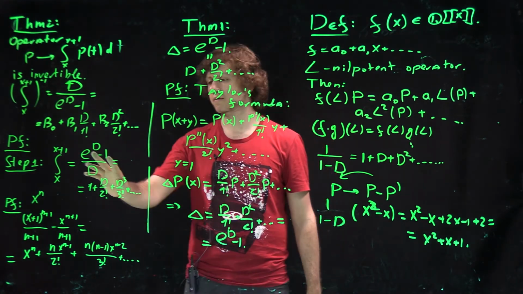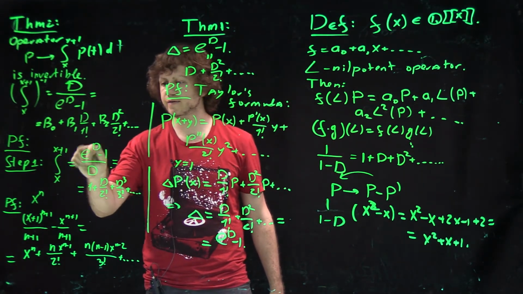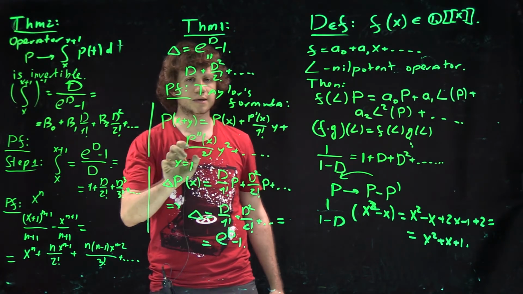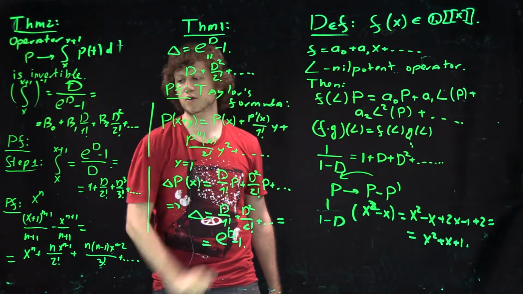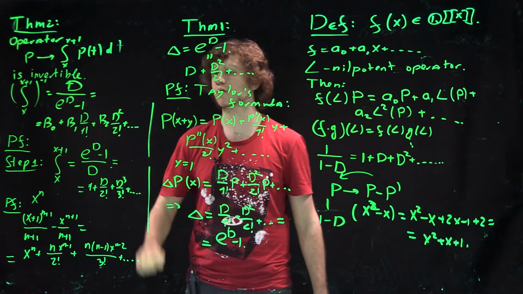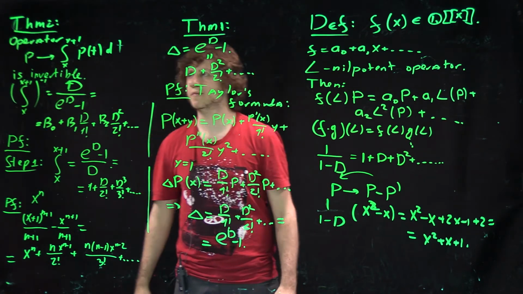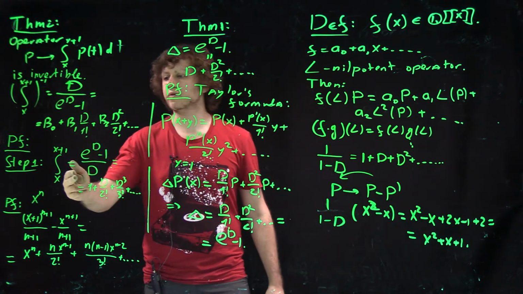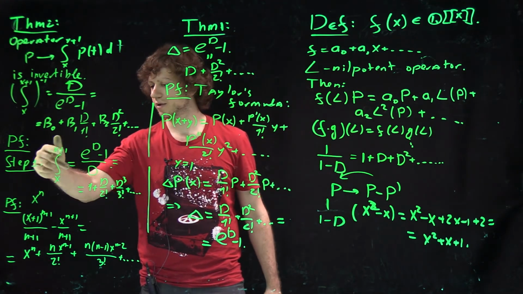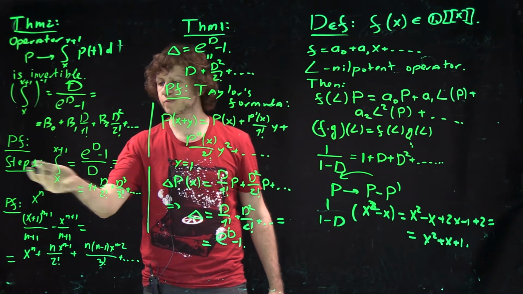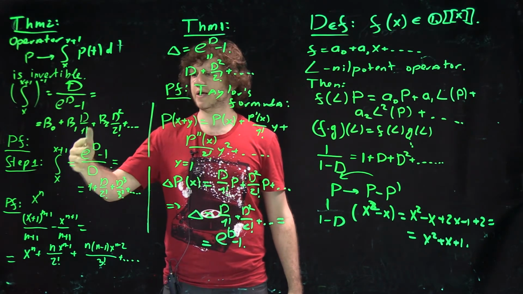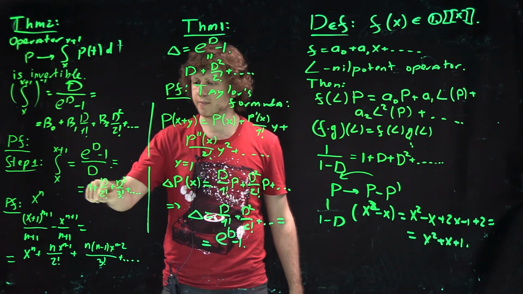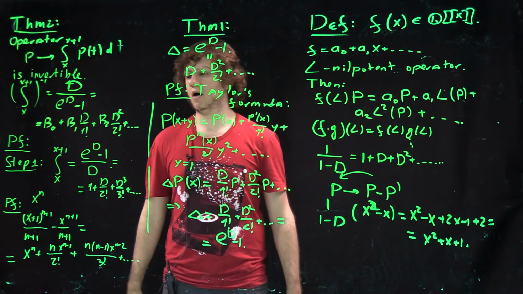Another proof is that you can apply the derivative to it and see that you get this identity. Then you can check that it is true for constants, and this implies the statement. So one can prove it in various different ways, but that's not very surprising. After all, this is almost the binomial formula. But then we know that this operator has an inverse. Why?